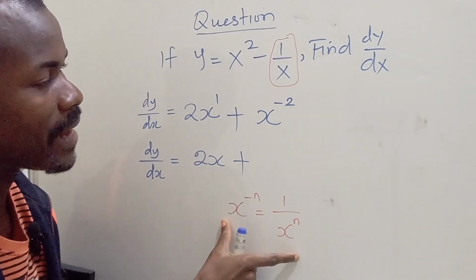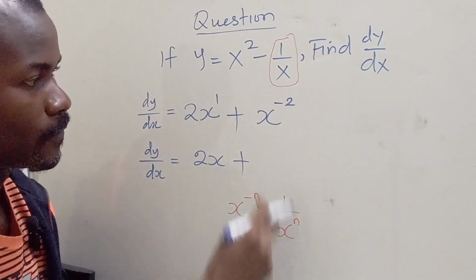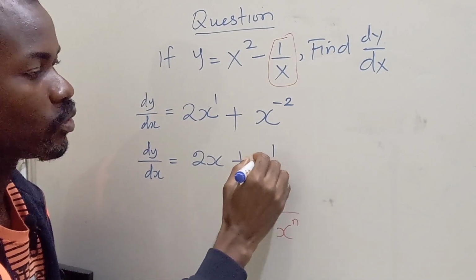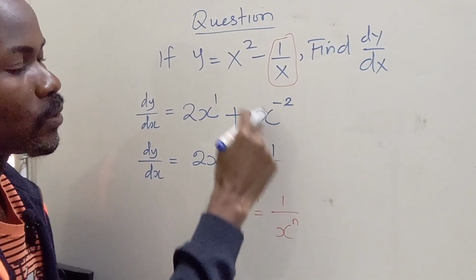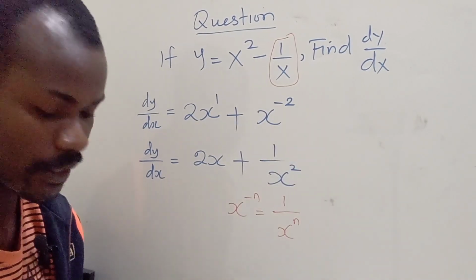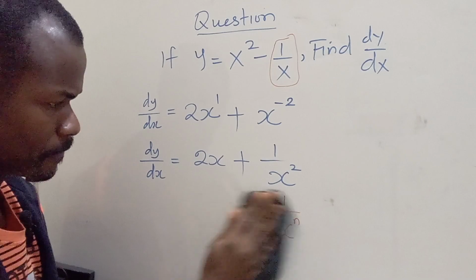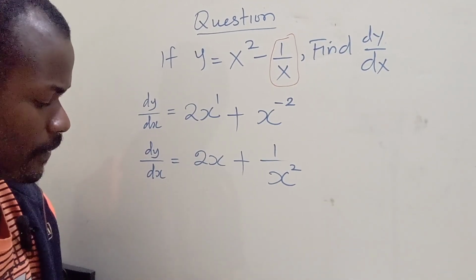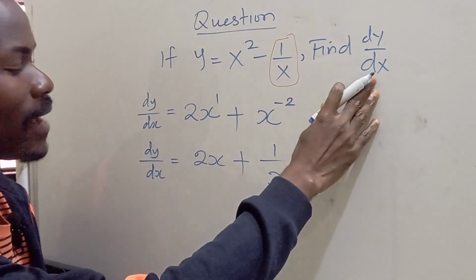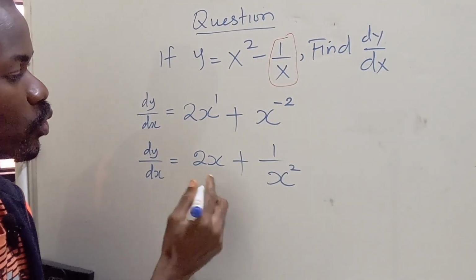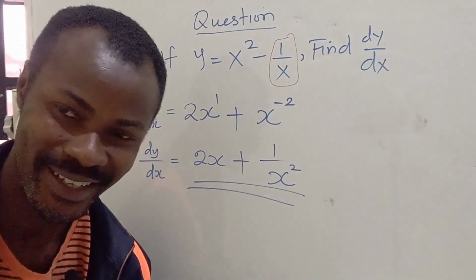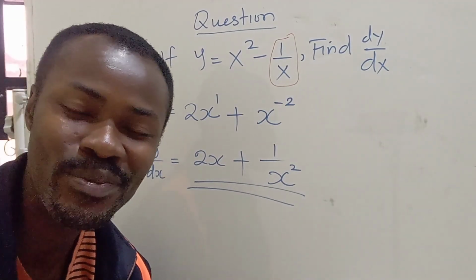So we are going to apply this here, removing the minus, so we have 1 over x raised to power 2. This gives us the final solution to this problem. So our dy over dx is equal to 2x plus 1 over x squared. That gives us the solution to this problem.